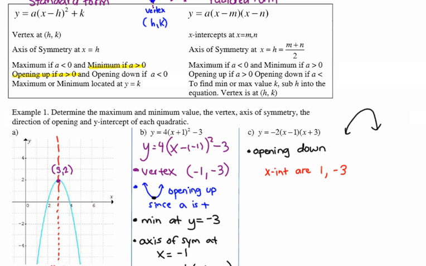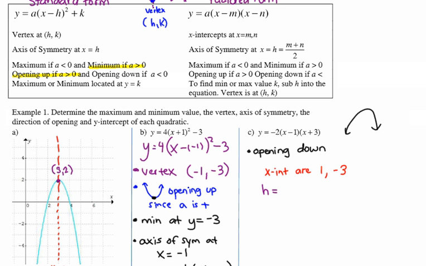So what could that help me get if I know the x-intercepts are at 1 and negative 3? It can help us get our vertex, because we can get our axis of symmetry, our h value, because it's the average of the two. It's going to be halfway between the two of these, right?